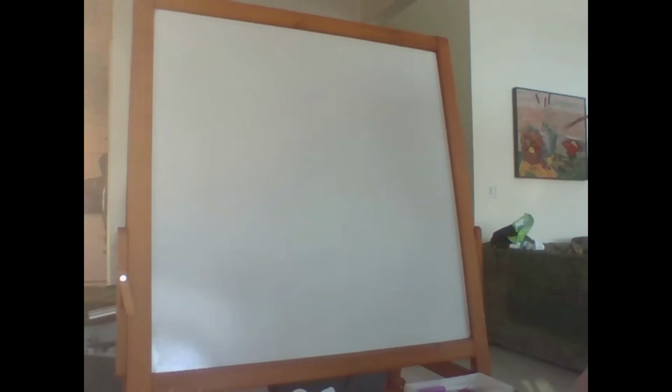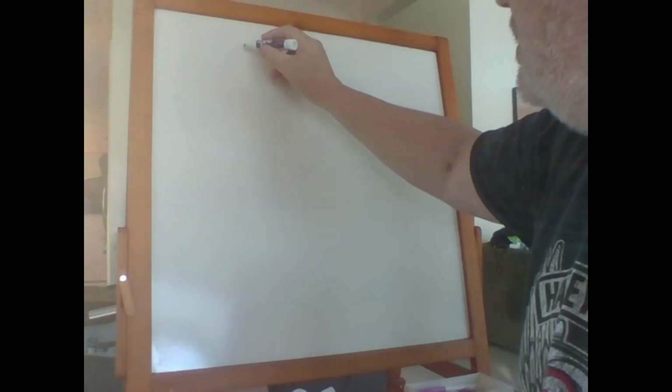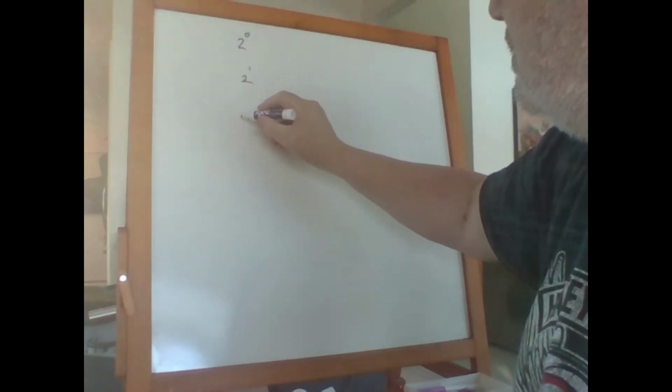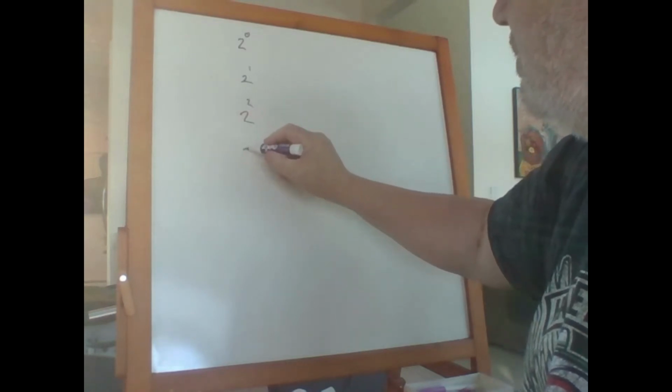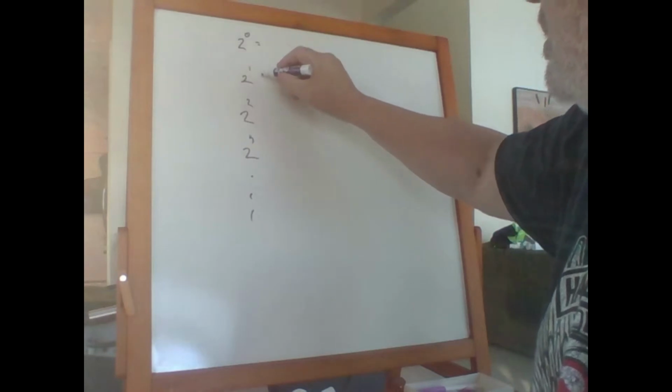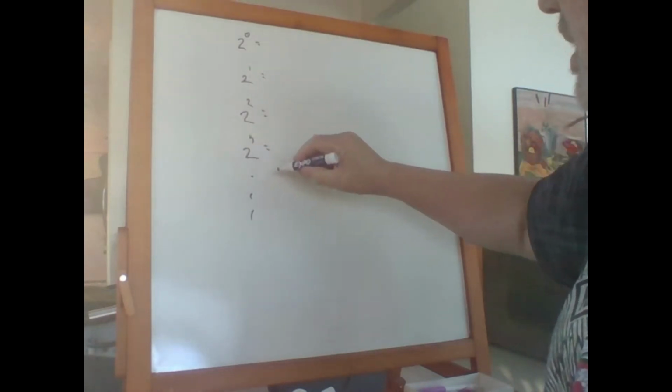So let's take a look at creating a table. Let's say you were on a desert island. You were Tom Hanks stuck in Castaway and you needed to calculate logarithms. Well, we do know that 2 to the 0, 2 to the 1, 2 squared, 2 to the third, and so on. We don't have a tremendous spread.